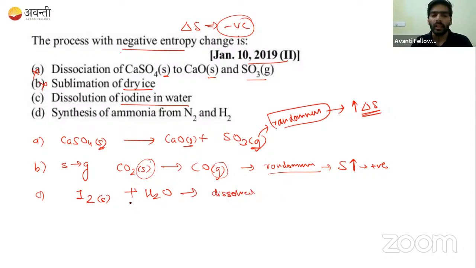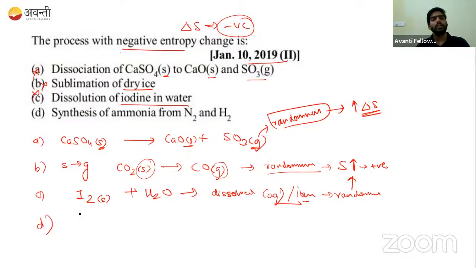That means the solid iodine is going to be in the form of aqueous or ions. If the solid is changing into aqueous and then ions, that means randomness is increasing again. Okay, if the randomness is increasing, that means entropy is increasing. That means this is also a wrong statement.